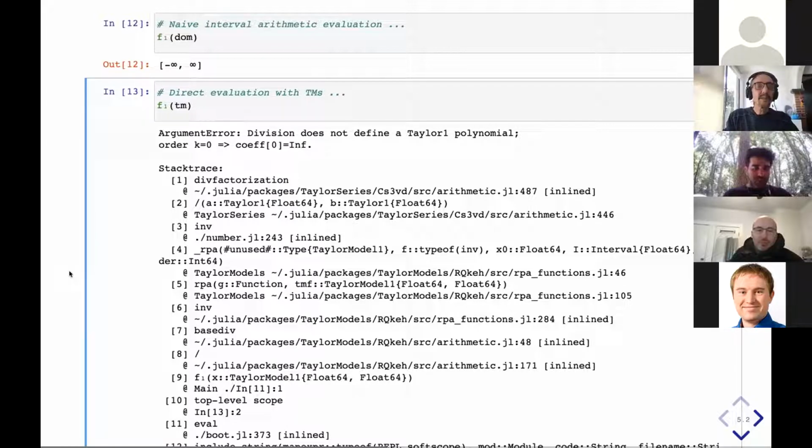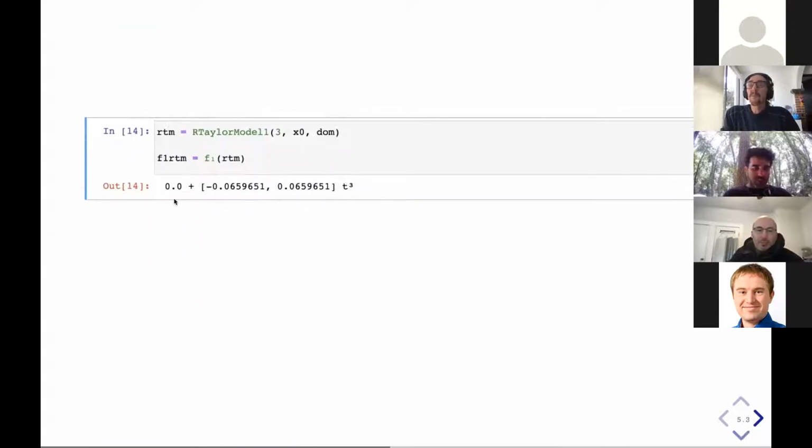So what is the contribution of these relative remainders? Well, it simply works. You get a zero because essentially you factorize the leading order terms, you cancel them out, then you get constant factors, you can expand, then you get a zero, and then you get a remainder with this t to the third coefficient.